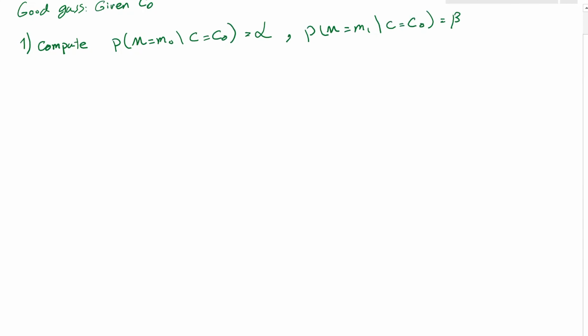And then this is the algorithm A: if alpha is greater than beta, then guess M0, and else guess M1. I'm sorry, it should be a small one.